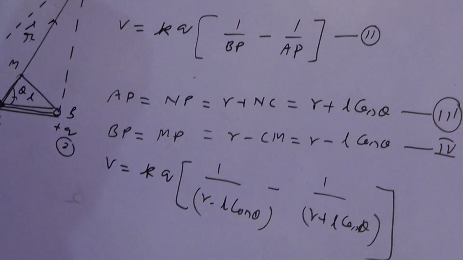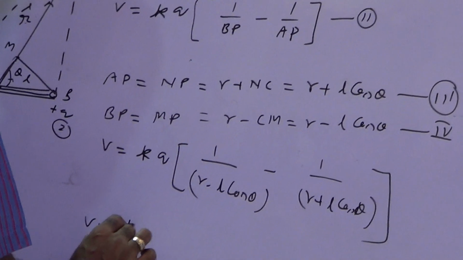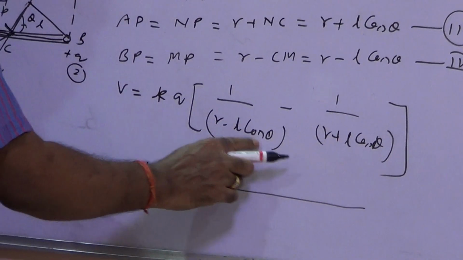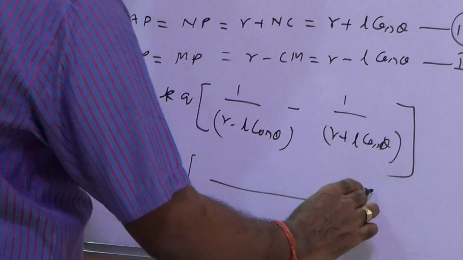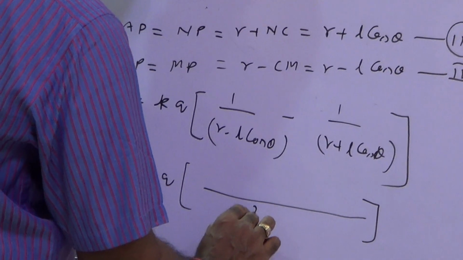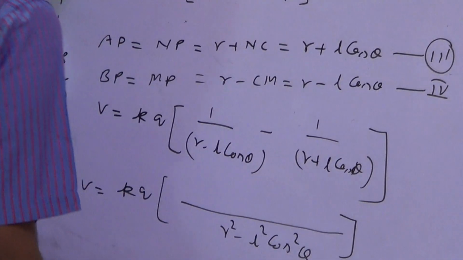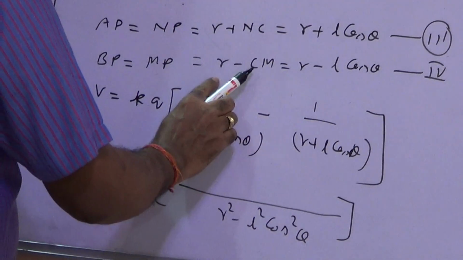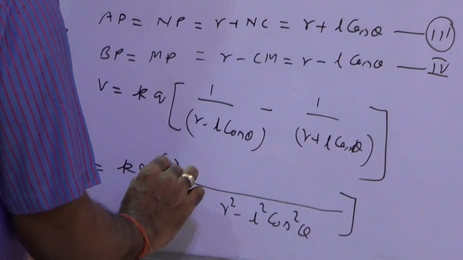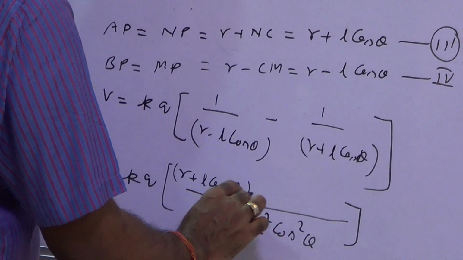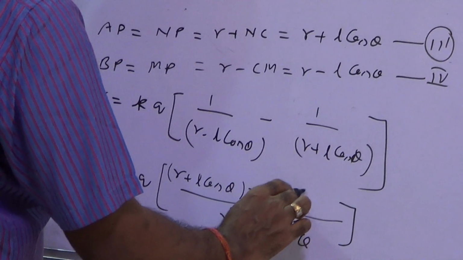Now we have to solve to find the final value, small k q, taking the LCM. A minus B, A plus B, A square minus B square. So the LCM will be R square minus L square cos square theta. Numerator: R plus L cos theta minus R minus L cos theta.